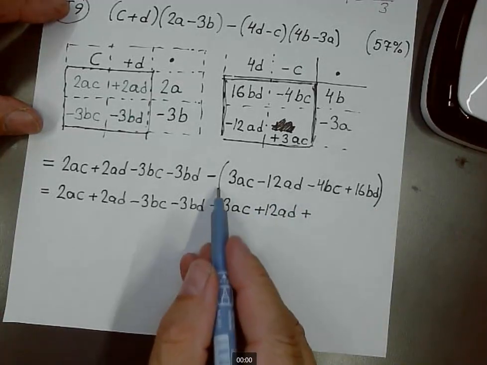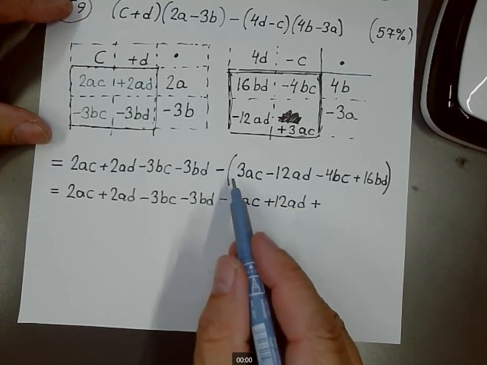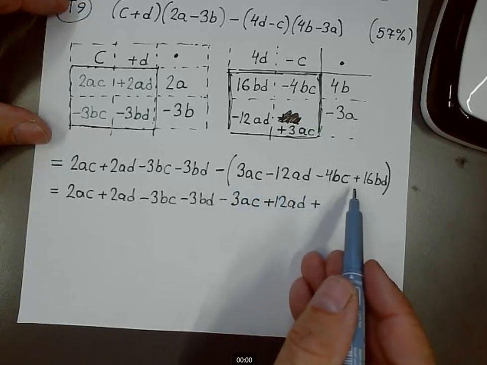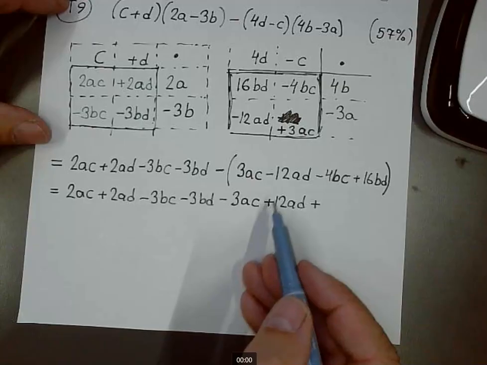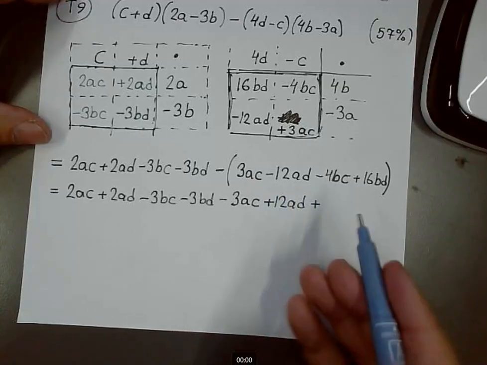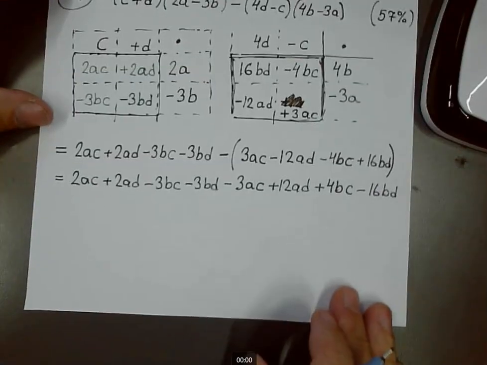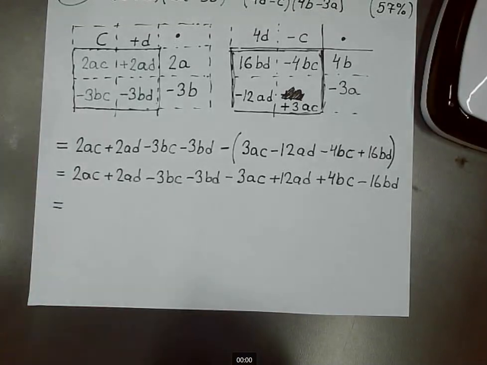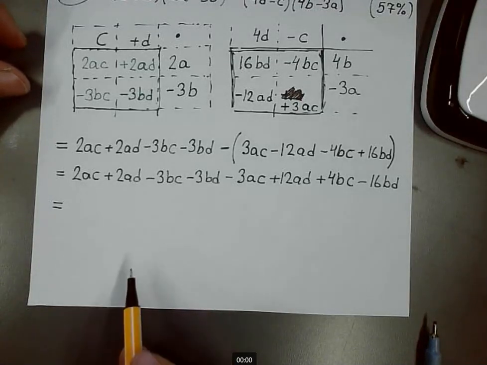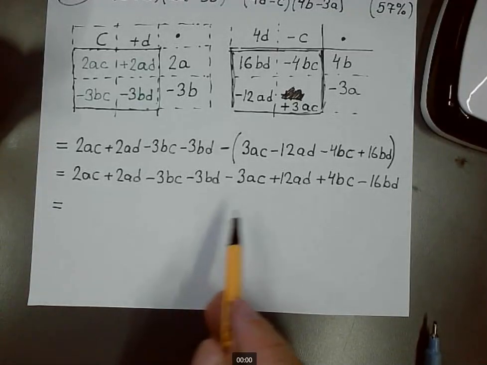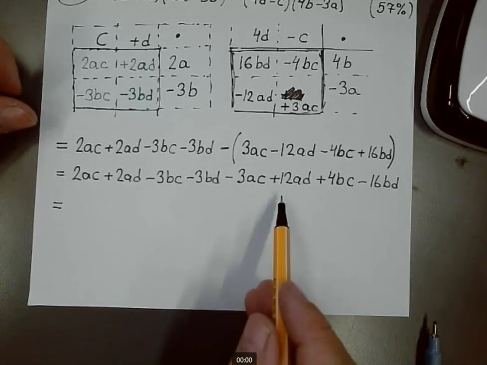And now I take away these brackets or parentheses here, and now we have a minus sign here, so these signs will be changed. Minus, plus, plus, minus. And then there are four different letter parts in these terms here.